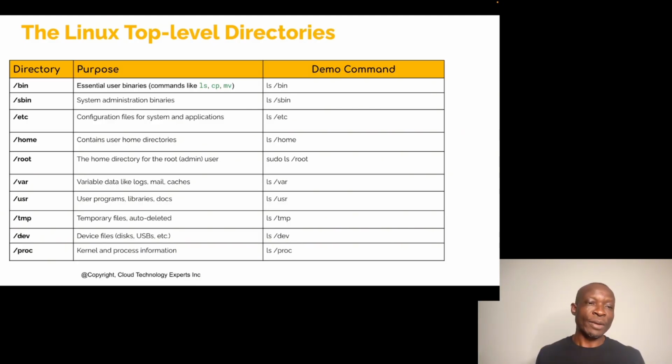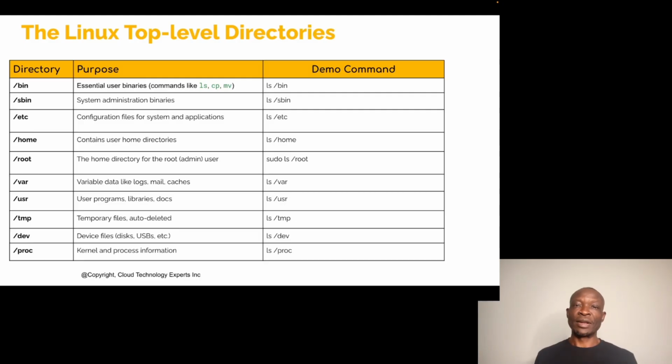Some distributions might add one or two, remove one or two, but they're meant to follow this standard. And in a way, that makes life easier for Linux users because it doesn't matter where you are, you know where to find your files, you know where to put things. So there's a kind of a structure to it.